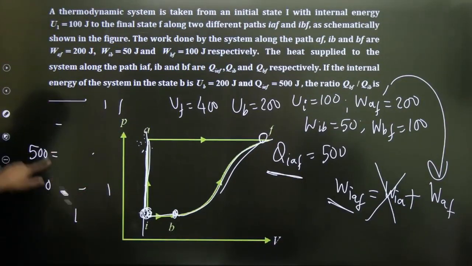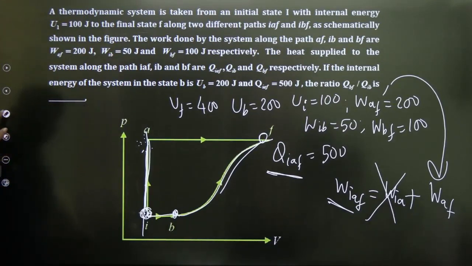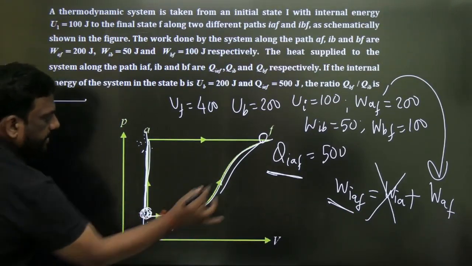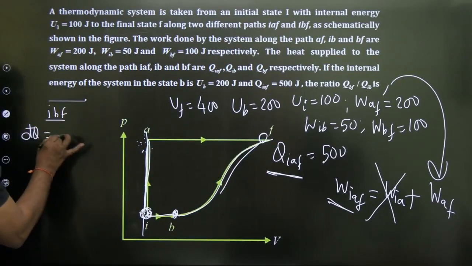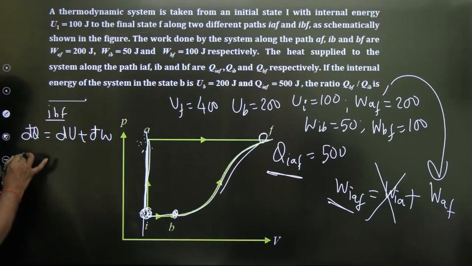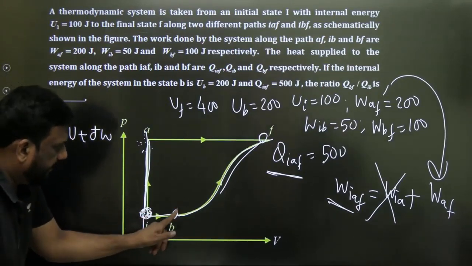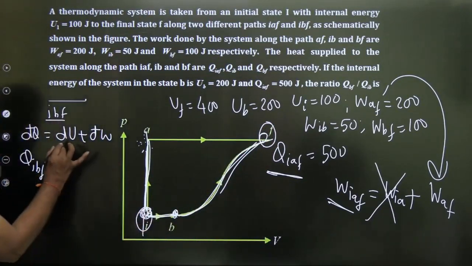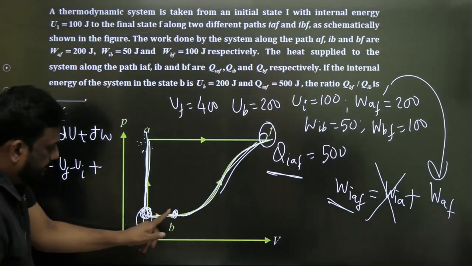Now, dear students, let me apply the first law for IBF. For IBF, d'Q is equal to dU plus d'W. Since internal energy is a property, the change is UF minus UI, plus work in IBF.